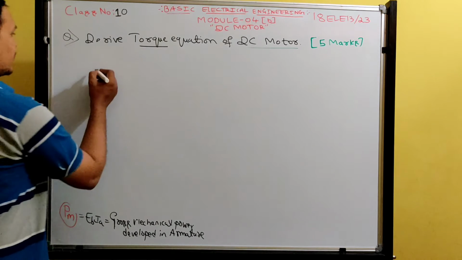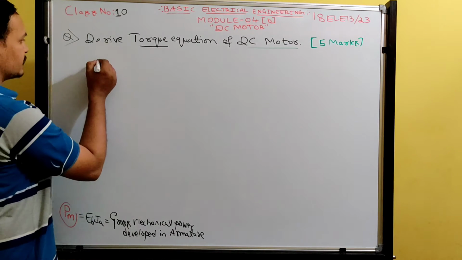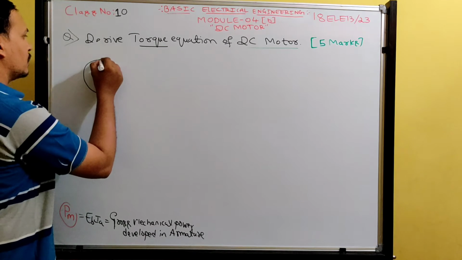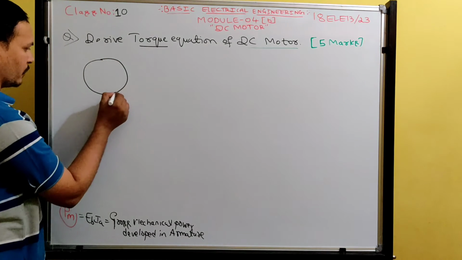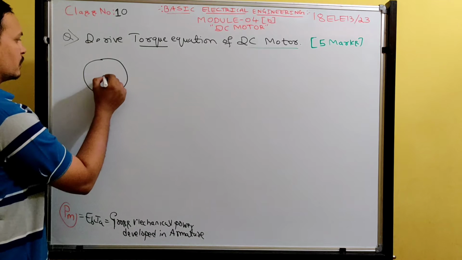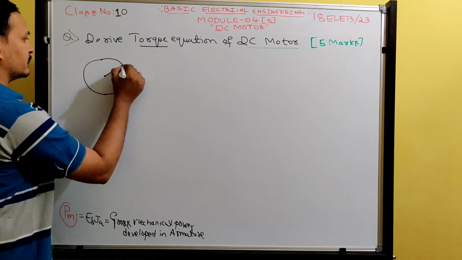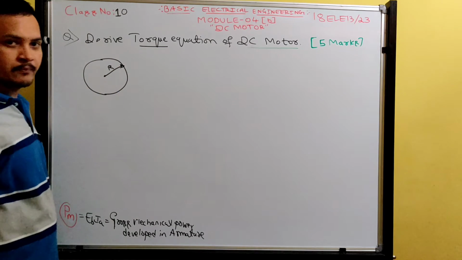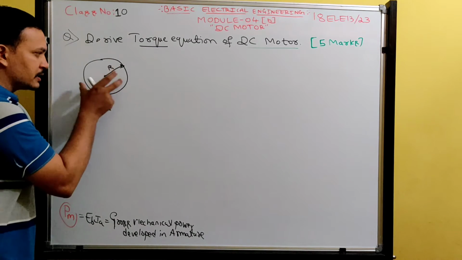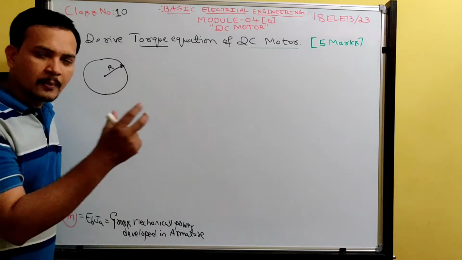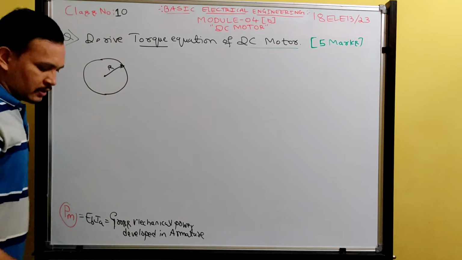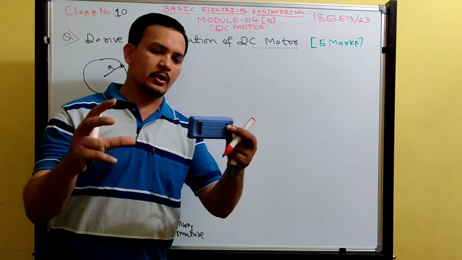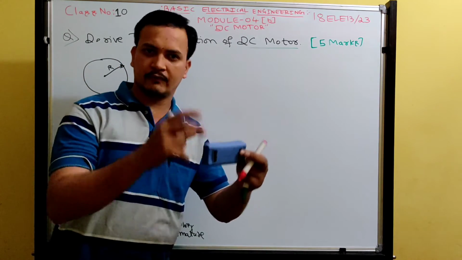So now consider a wheel or brake drum having a radius r. This is the radius of the brake drum or wheel. This brake drum is coupled to the motor shaft. Let's consider this is the motor shaft. So the brake drum I am going to fix to the motor shaft.